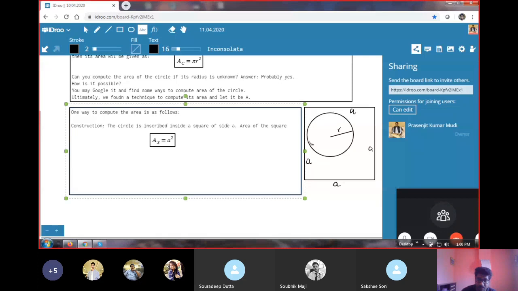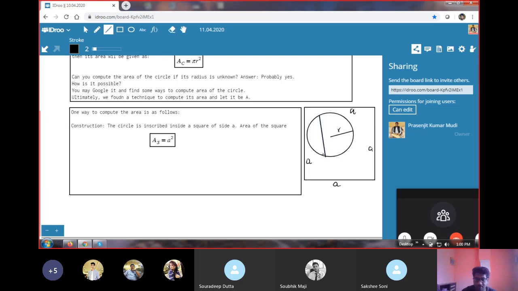It's a circle only, somehow if I can measure. You may also do this. Let's say you can find a diameter. You can construct a diameter like this.